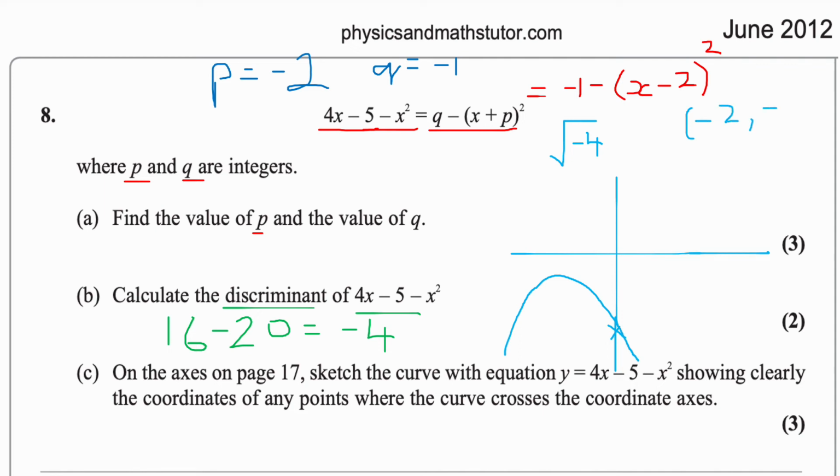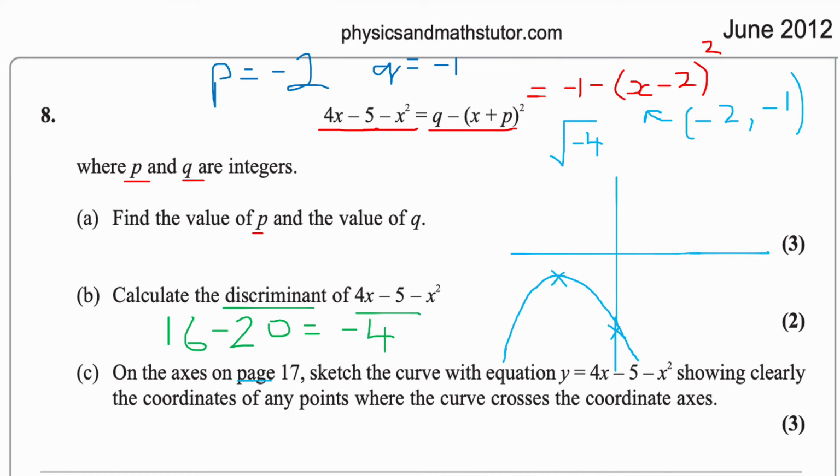If you're looking at the turning point, -2, -1, its maximum point is going to be there, from when you work this part out. So that would be your answer for part C.